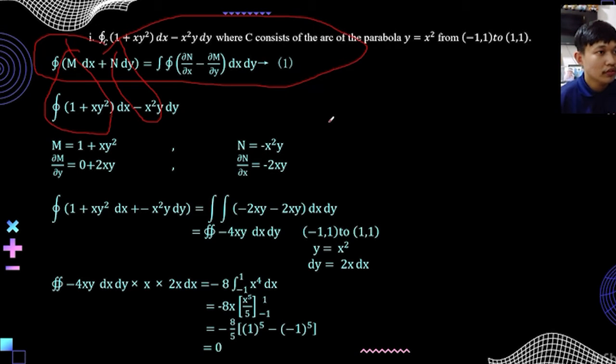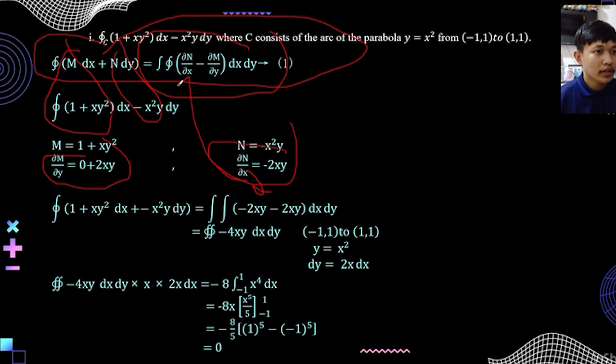After that, we put all the values and the differentiated M and N into the general equation. After we calculate, we get the double integral equal to negative 4xy dx dy. And here they are given that C consists of the arc of the parabola y equal to x squared.